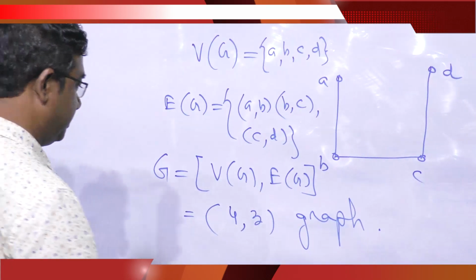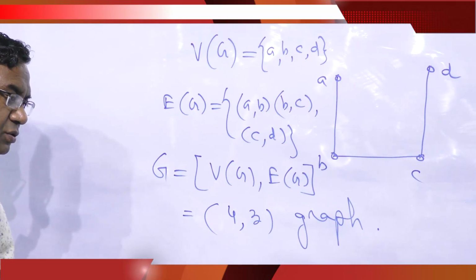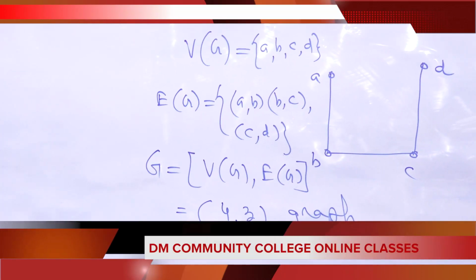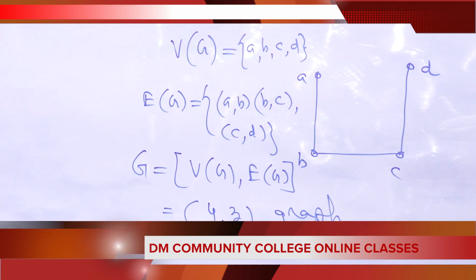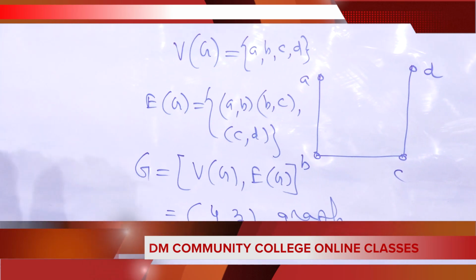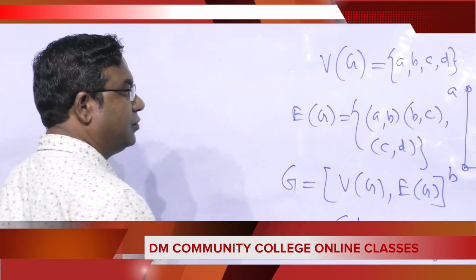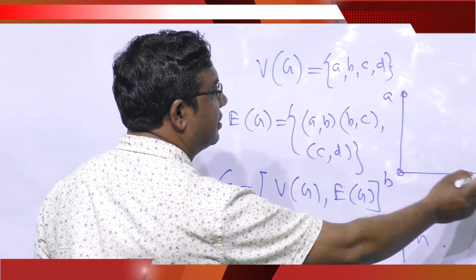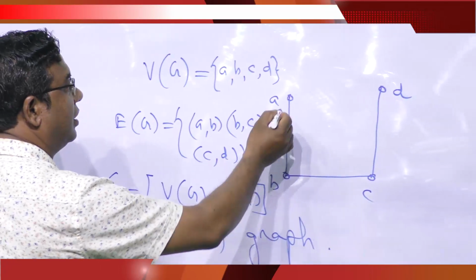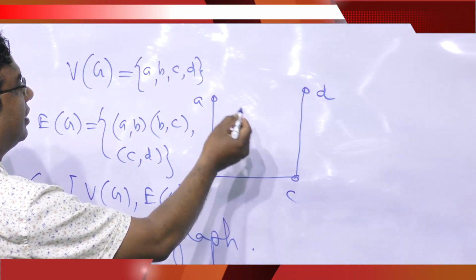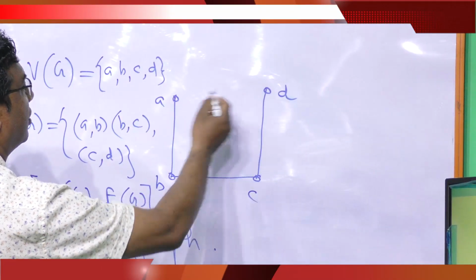Then complete graph. The definition of the complete graph is that any two distinct points are adjacent. Adjacent means joining any two vertices. So let us see this graph. Here the vertices A and D are not adjacent.